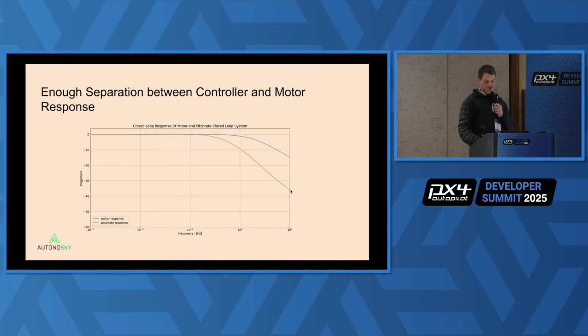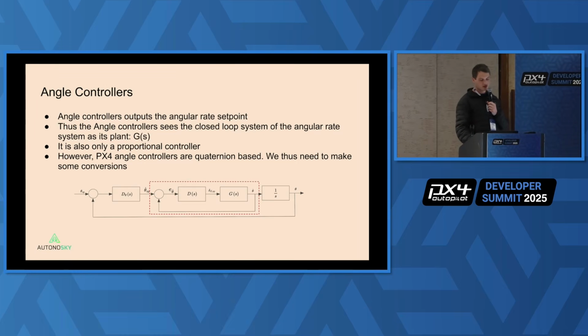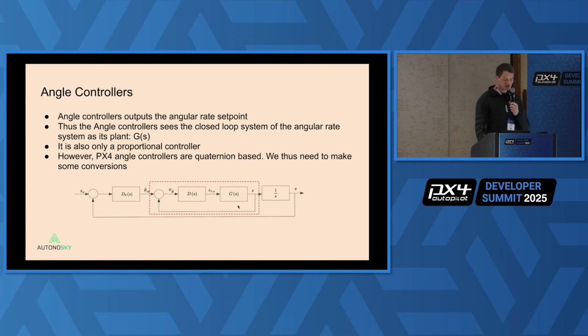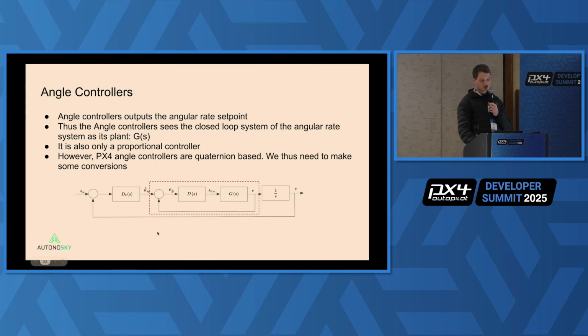And then once you're happy managing the balance between a fast response and this separation, you can move on to your angle controllers. So the angle controllers of PX4 produce the angle rate set points. So in this controller block diagram, the angle controllers are actually controlling the closed loop of your angle rate system. However, PX4's angle controllers are quaternion based, so we need to account for that because this controller block diagram is in Euler angles.